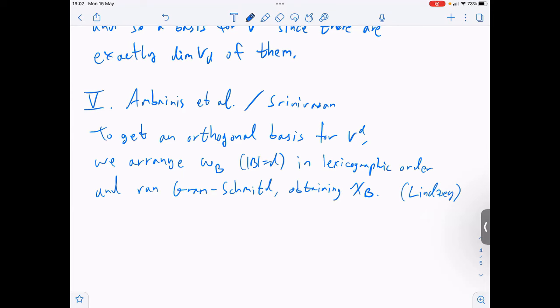And here is a different construction due to Srinivasan. And I think it also appears in this paper from Ambainis et al.